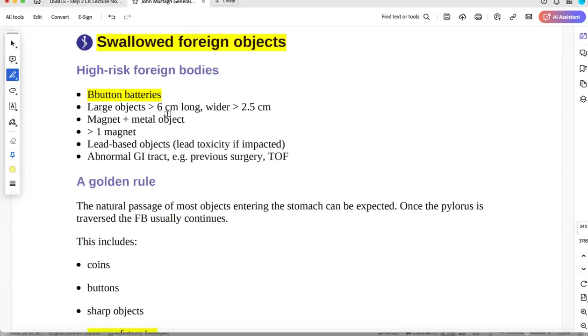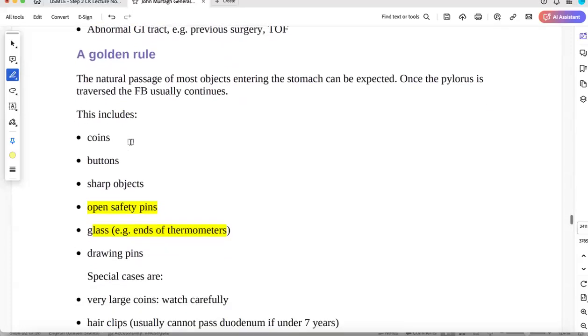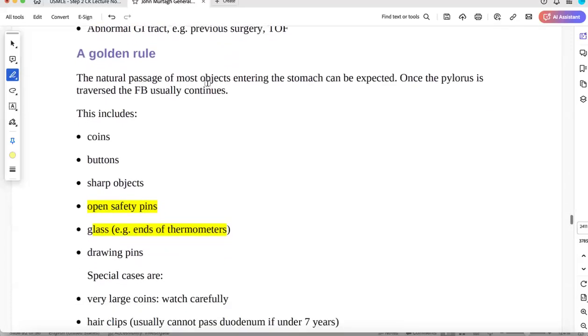Any large objects more than 6 centimeters long, or more than one magnet, is always serious. A golden rule is that natural passage of most objects entering the stomach can be expected, which means that once a foreign body reaches the stomach, it can usually go out of the system.